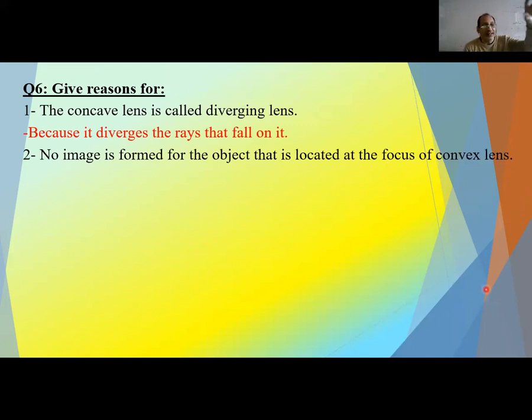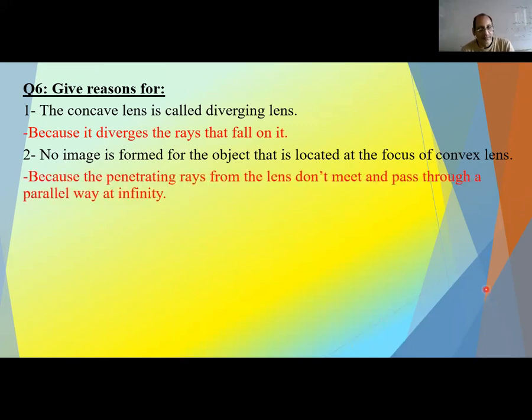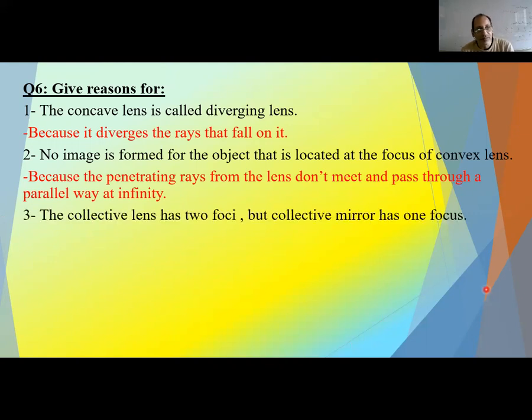Of course, because the refracted lights, or even their extension, are parallel. They are not going to meet until infinity. Not possible. So the penetrated rays don't meet and pass through in a parallel way at infinity. They are not going to meet or to intersect. Intersect also works, it should be there.